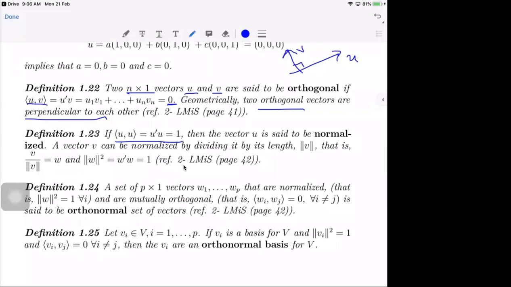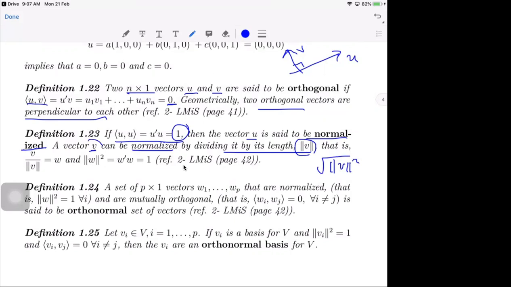Okay, another definition: if the inner product of a vector u with itself is equal to 1, then we say that this vector u is normalized. You can normalize any vector v by dividing that vector by its length, or the norm of v, that is the square root of the inner product of v.